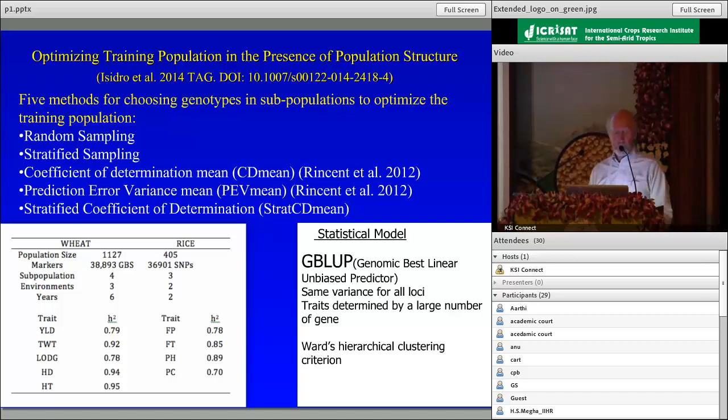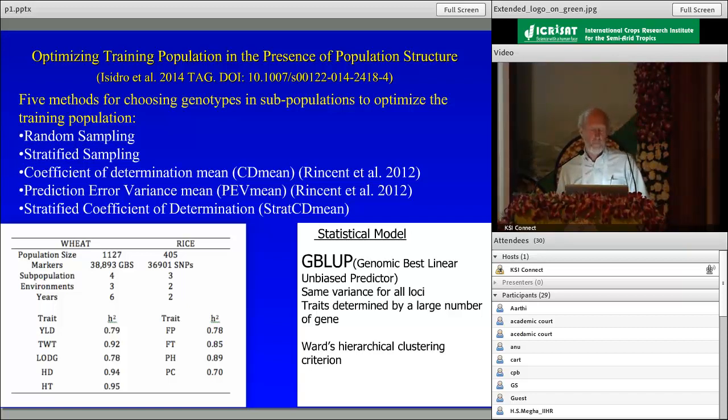The traits for the wheat side were yield, test weight, lodging, heading date, and height. On the rice side, it was florets per panicle, flowering time, plant height, and protein content. For this experiment, we just used a standard GBLUP algorithm, and then the clustering was just using Ward's hierarchical clustering.